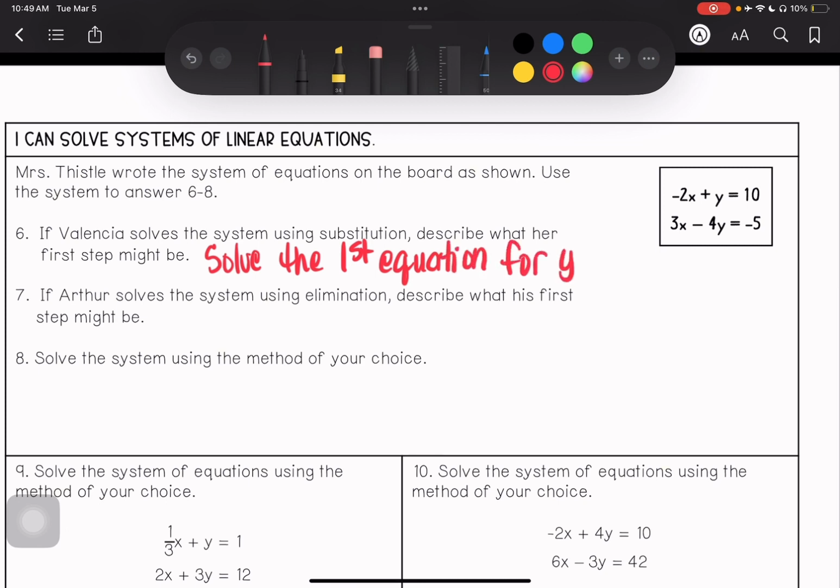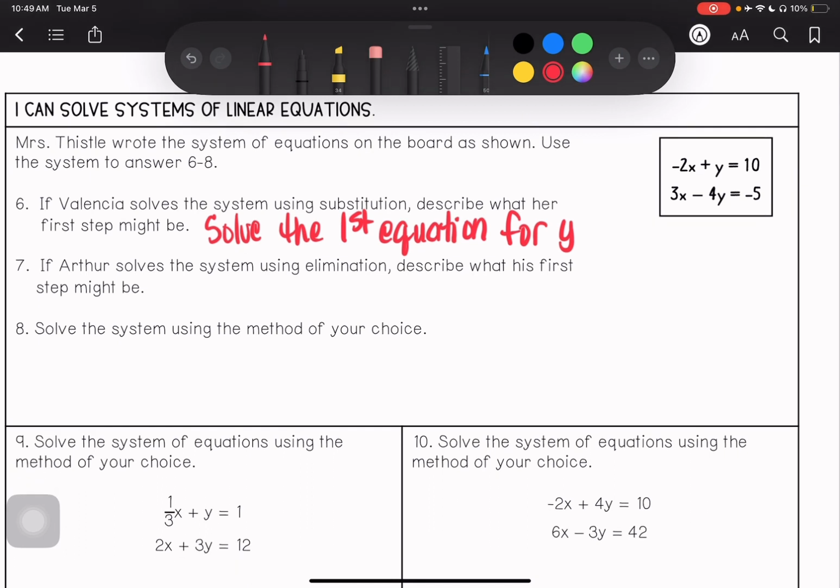Number 7, an author solves the system using elimination. Describe what his first step might be. Okay, to get opposites for y, you'll multiply the first equation by 4. So multiply the first equation by 4.